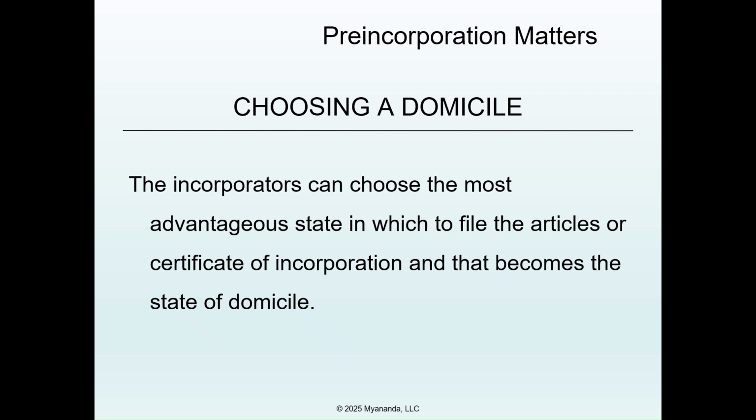Also, you have to choose a domicile for the business. So you choose a state or jurisdiction for incorporation, and for each consideration being made, there are several factors. What's the nature of the business, and the act that governs business corporations in the state that is being considered as the domicile?